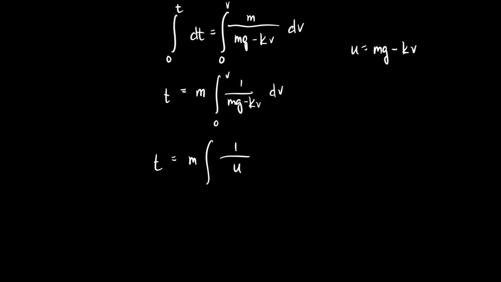The bad part is I need to now replace dv with something. So I need to take the derivative of u with respect to v, so I can replace du with dv. So du/dv equals minus k.